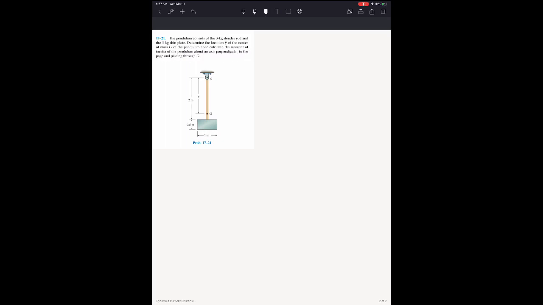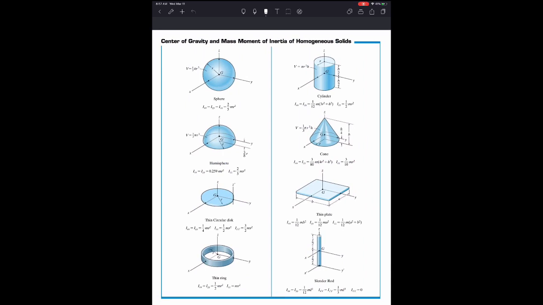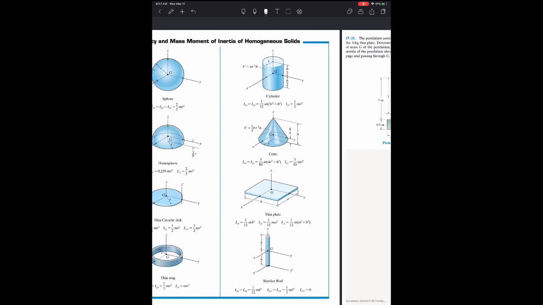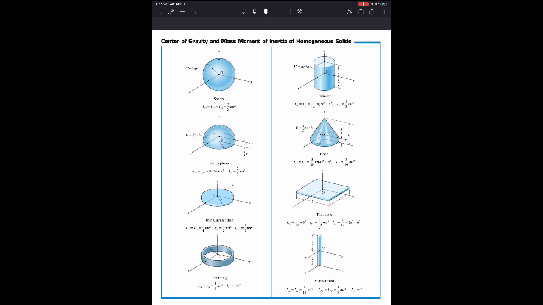As a result, we want to be looking at our previous image, this one here, and thinking about these different objects. First of all, they say a slender rod. For the slender rod, that's this. And an axis perpendicular to the page is either the x-axis or the y-axis here.